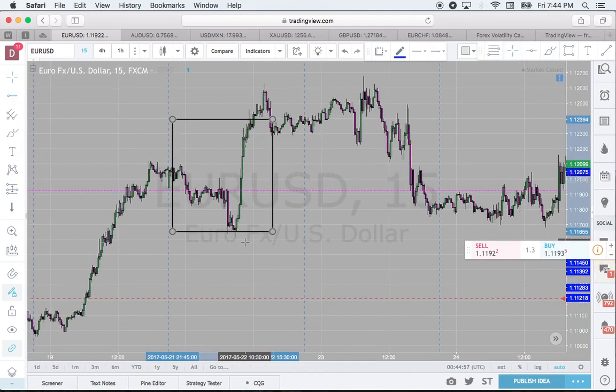Here we can see the low was created here.